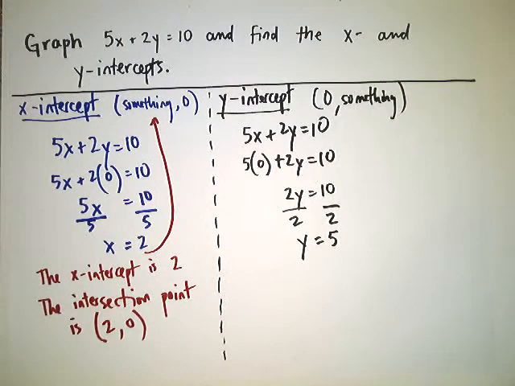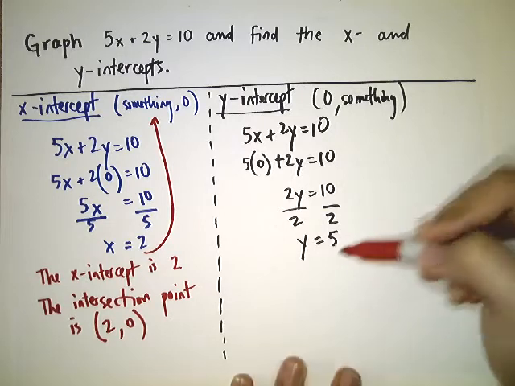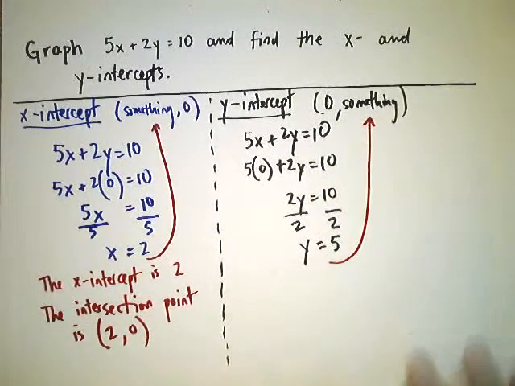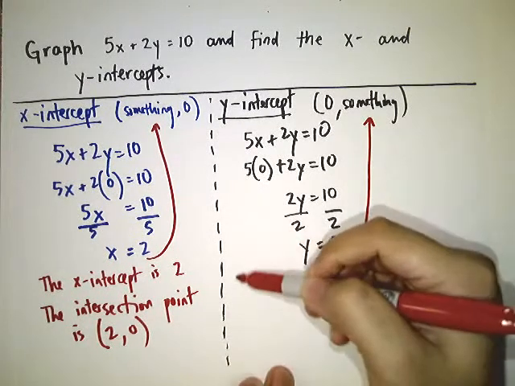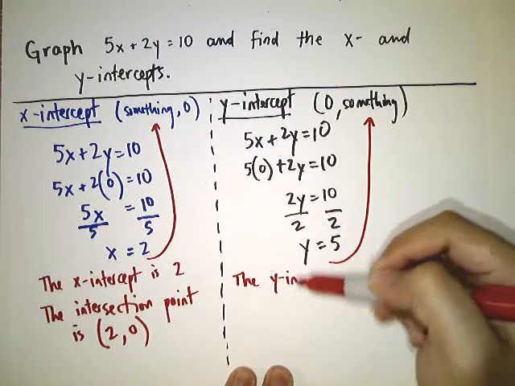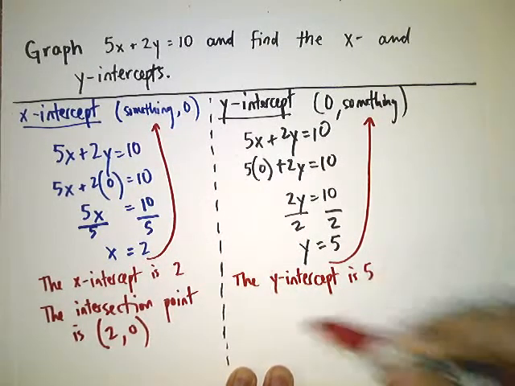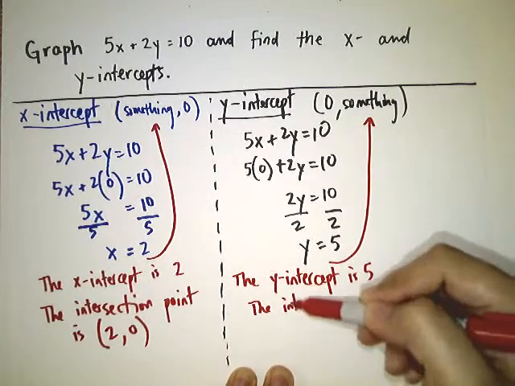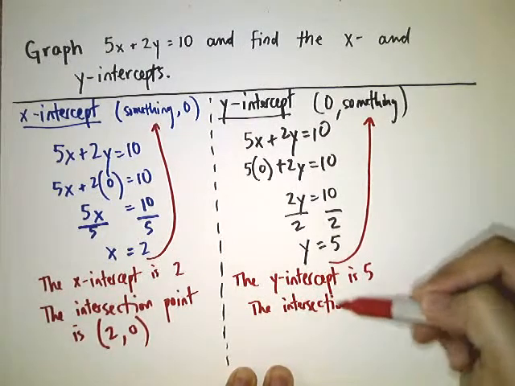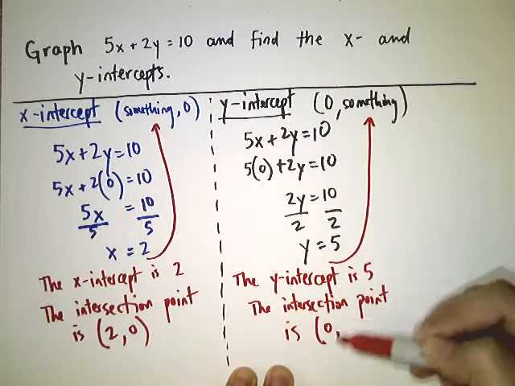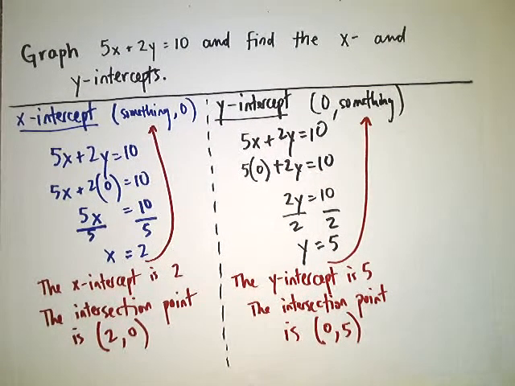And again, this is the something. That's the y-coordinate. So in this case, the y-intercept is 5, and the intersection point is (0, 5).